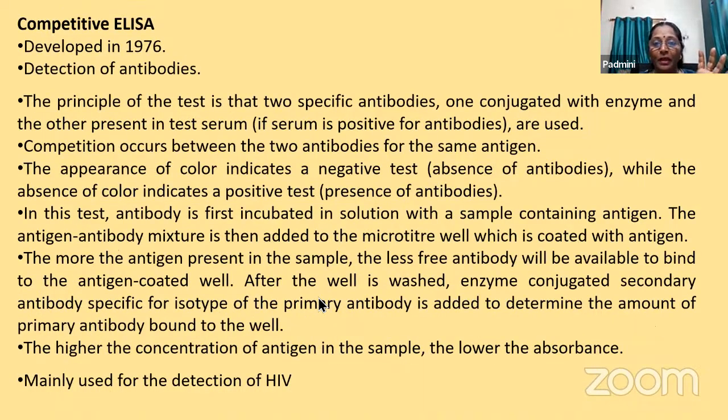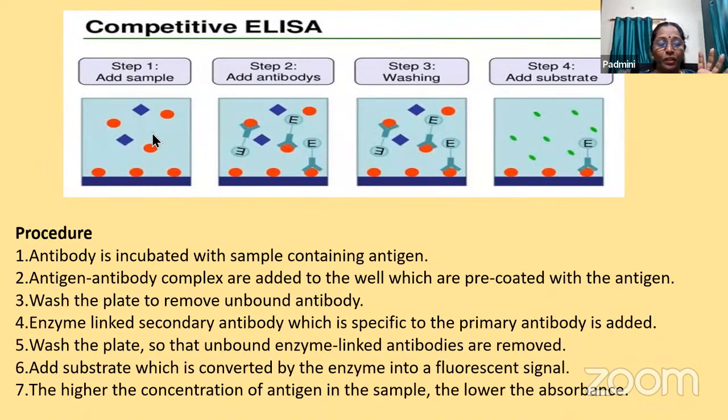So remember over here, where is that point? If you have more antigens present, the antibodies that you have added and incubated are already bound to them. Now, once you add that solution into an antigen-coated well, if you have no antibodies, they are not going to get attached over there.